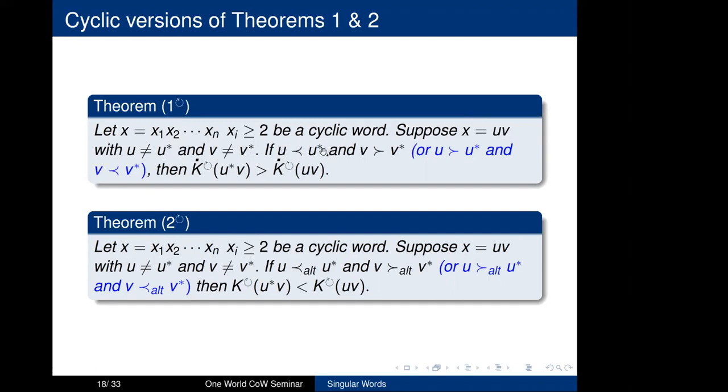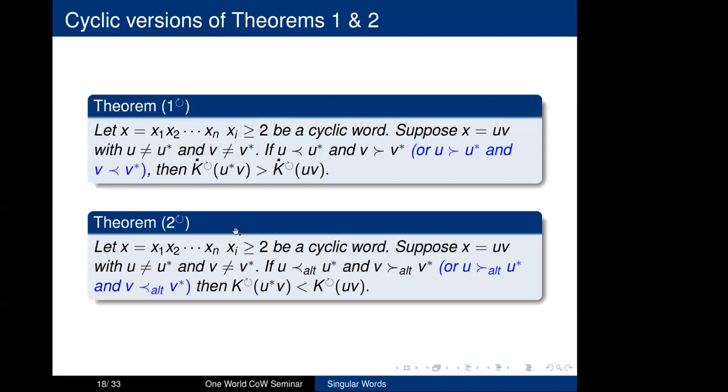And if the inequalities are opposite, so in other words, u is less than u star but v is bigger than v star, or u is bigger than u star and v is less than v star, then reversing the u actually increases the cyclic semi-regular continuant.